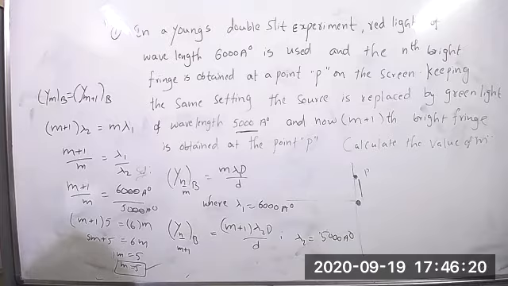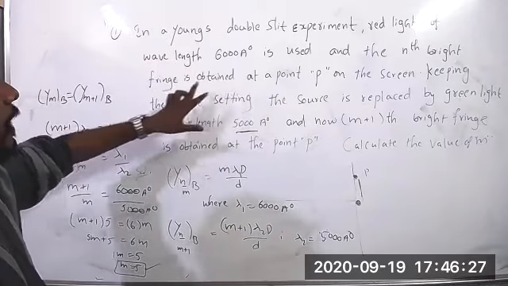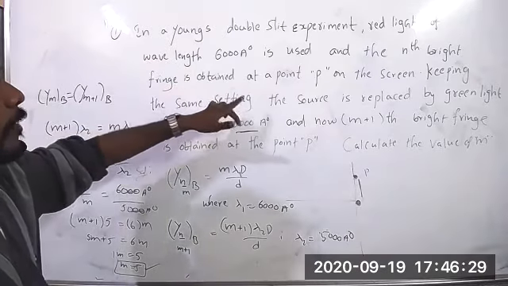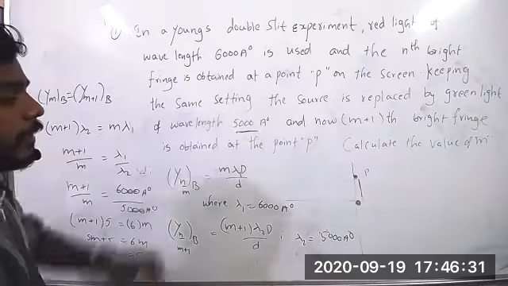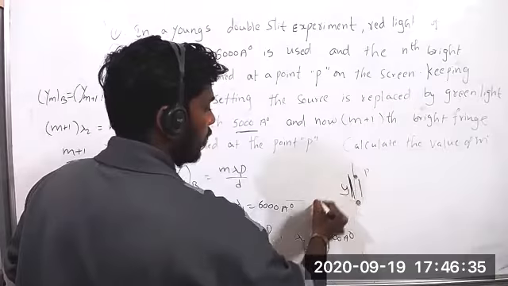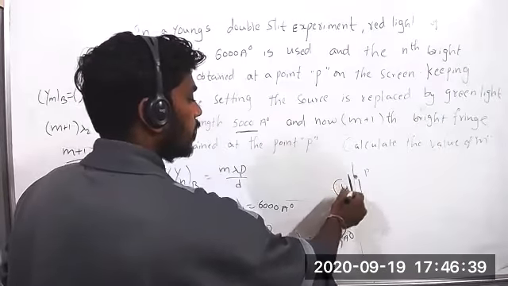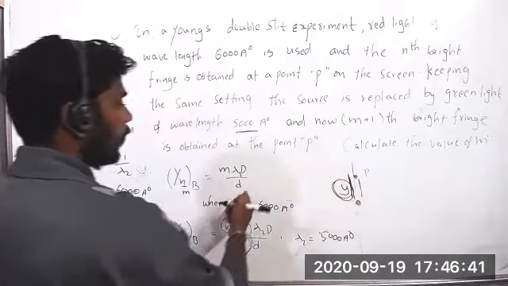Clear? What you have to remember here is where the nth bright fringe is obtained at point P. Obtained at point P means point P is nothing but the vertical distance, where the bright fringe will form. So how to find the distance of the bright fringe? That formula we have to remember.